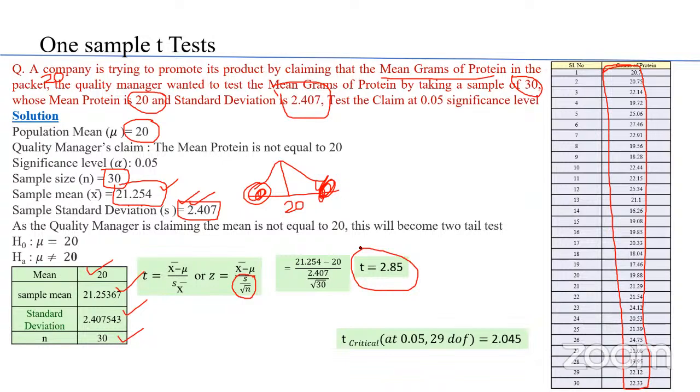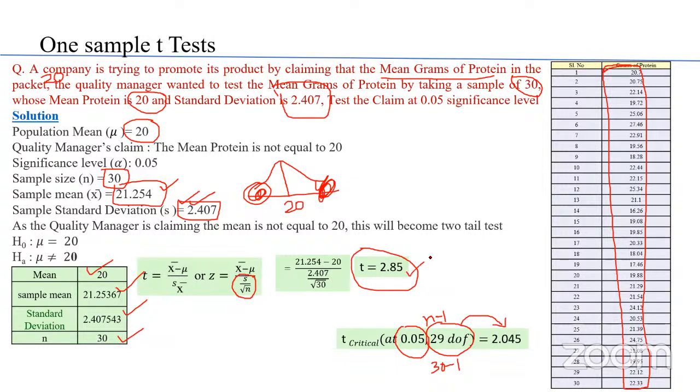There is a t-table, exactly like the z-table, which gives the value at 0.05, 5%, with degrees of freedom 29, because we consider n minus 1. The number of observations is 30, so 30 minus 1 is 29. At that value, the t-table value is 2.045.